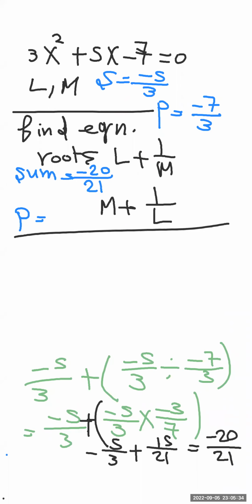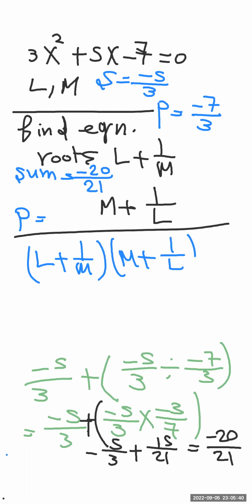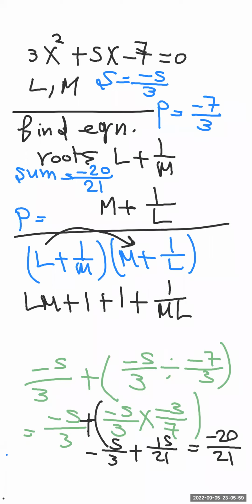The product will equal L plus 1 over M times M plus 1 over L. L times M, LM, plus L times 1 over L, 1, plus 1 plus 1 over ML. Correct? I just multiplied L times M, L times 1 over L, then this one times this one, and this one times this.